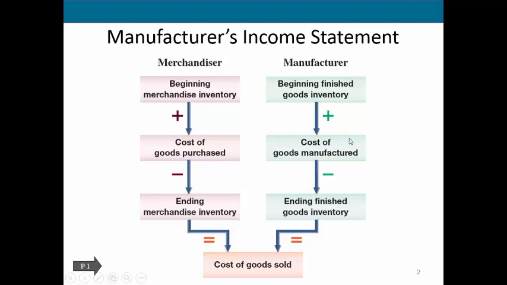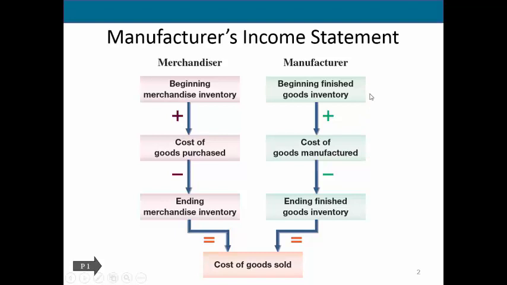Add to that the cost of goods manufactured. When we talk about cost of goods manufactured, we're only talking about the goods that we completed during the period. We're again not talking about anything that sits in raw materials, nothing in work in process, only those items that we have completed and transferred out of work in process and into finished goods during the current period.